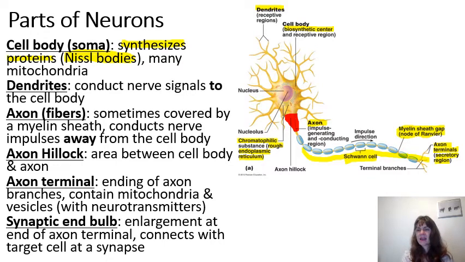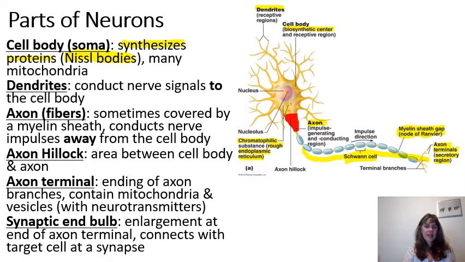As the axon branches, the terminal branches are sometimes referred to as telodendria, T-E-L-O-D-E-N-D-R-I-A. The telodendria split apart prior to the axon terminals, where we see either the axon terminal as an enlarged portion of that branch or a synaptic end bulb or synaptic end knob.